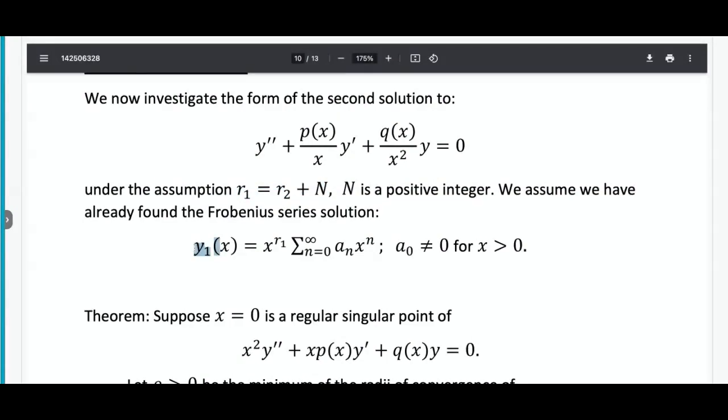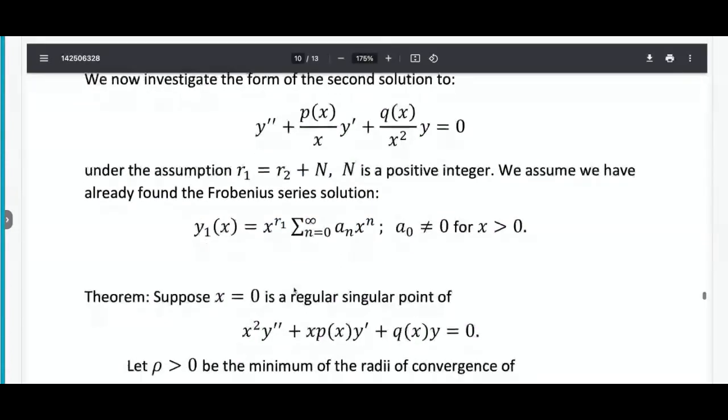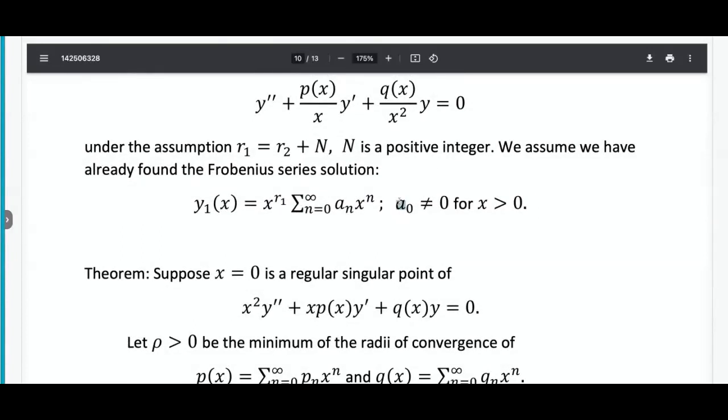So we assume again we already found the first solution. In this case, right? You can write it as x raised to r1, or you can just do here x raised to n plus r1, because sometimes the notes are written in this case, sometimes in this case. So we want this a not equal 0 for x greater than 0.